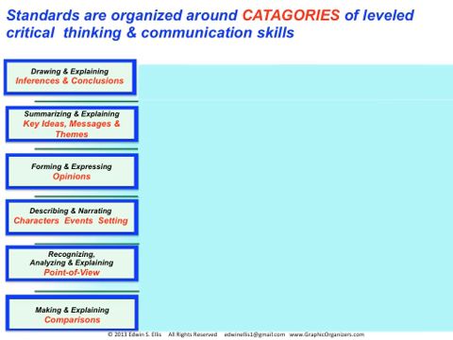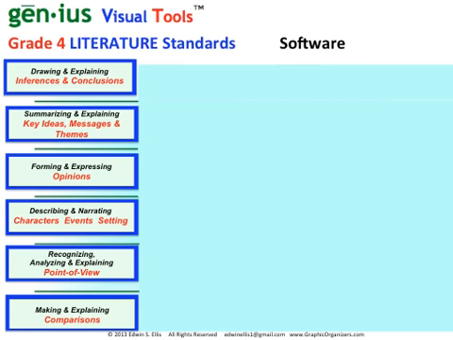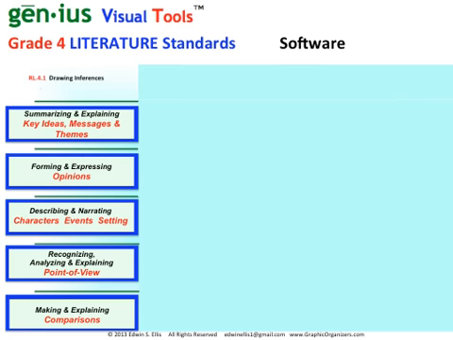So just to recap, there are these categories of critical thinking and communication skills, and they correspond to specific standards in the grade levels. So for example, if you take grade 4 and the literature standards there, under drawing and explaining inferences and conclusions, what I've done is develop some software that address these standards and provide visual tools specifically designed for teaching those.